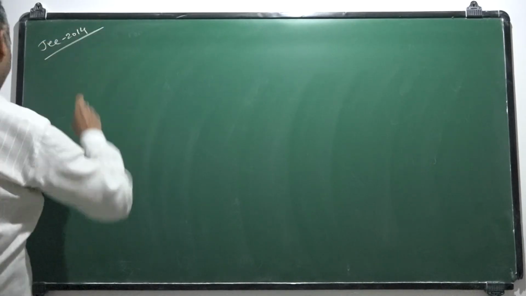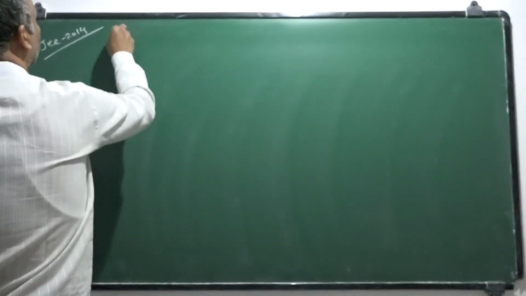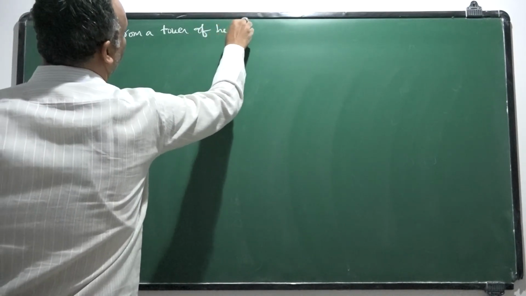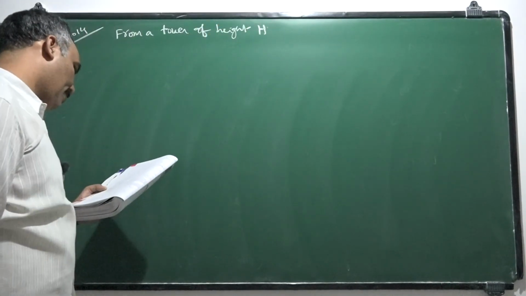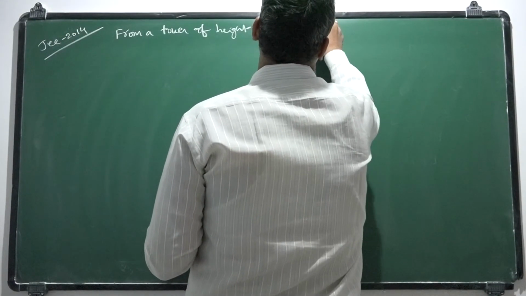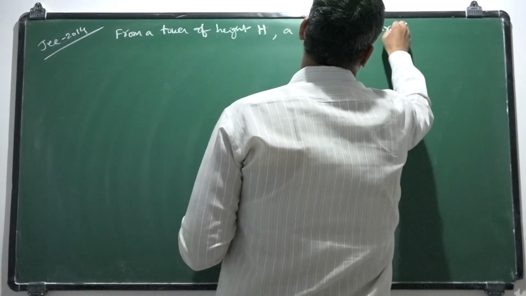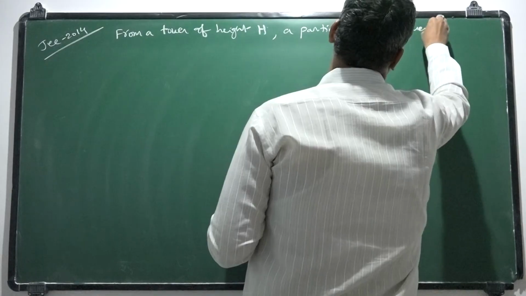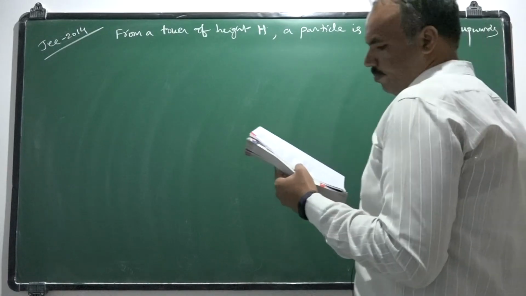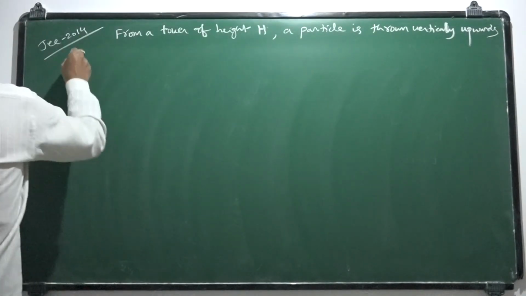One more question. JEE 2014. From a tower of height h a particle is thrown vertically upwards with a speed u.